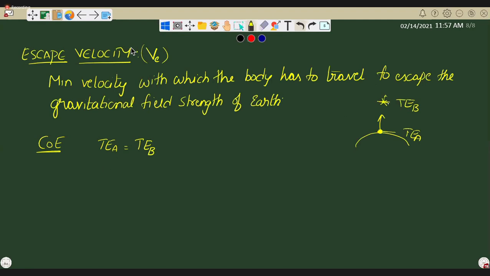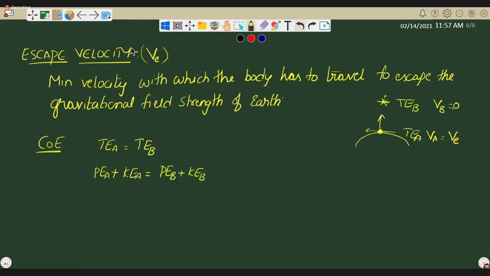Now let me say until here only my body has a velocity. At this point, let me say my VB is 0 and my VA, let me take it as VE. What is your potential energy here? Because total energy is potential energy at A plus kinetic energy at A is equal to potential energy at B plus kinetic energy at B, right?